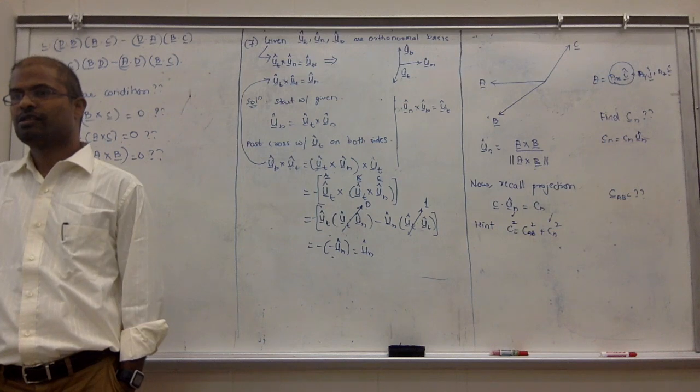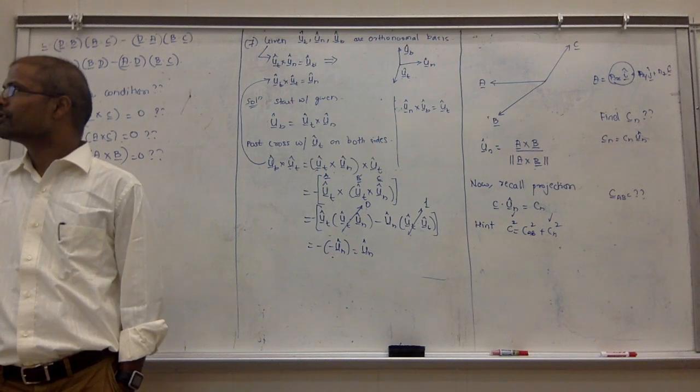Cross product of U and CAB. Cross product of U and CAB, and then that'll give you the unit in that plane.